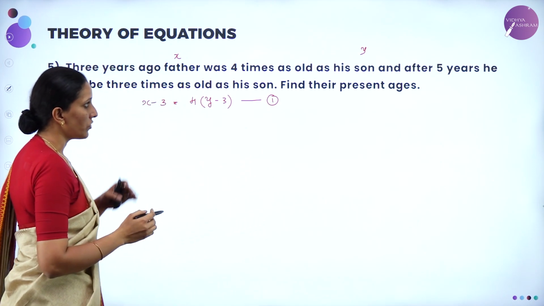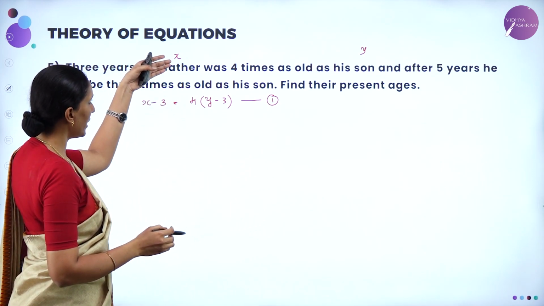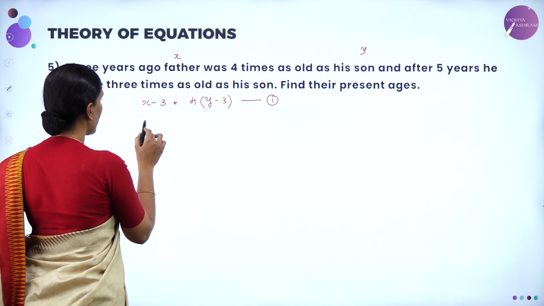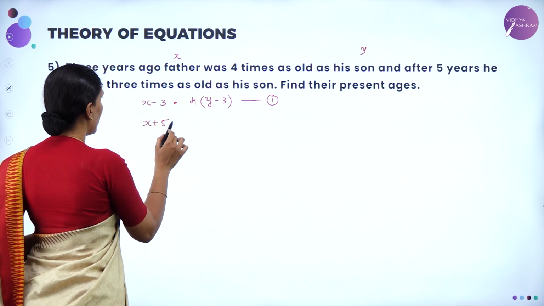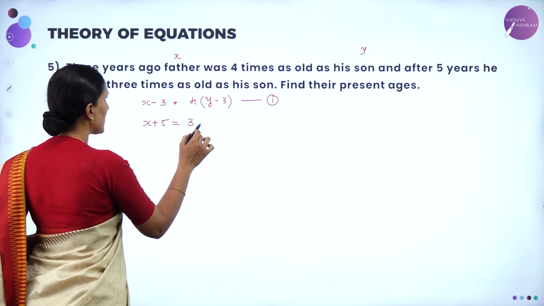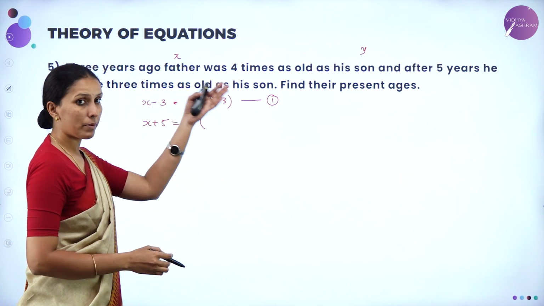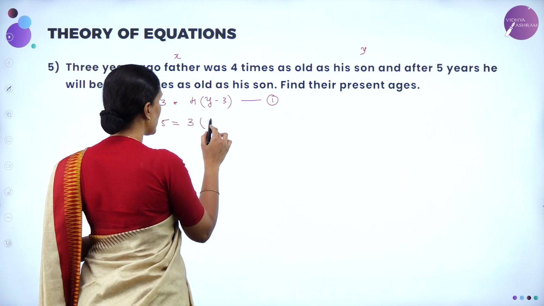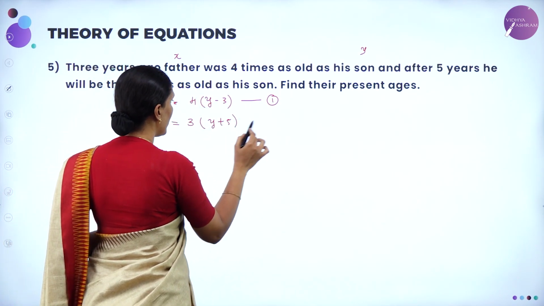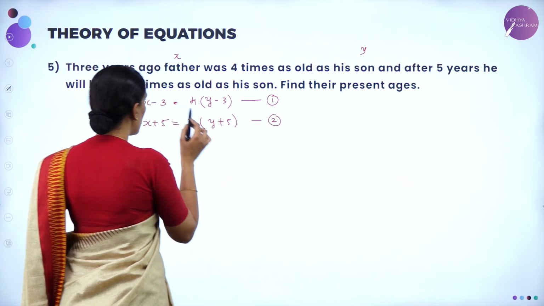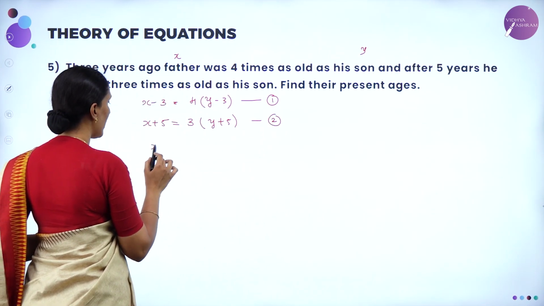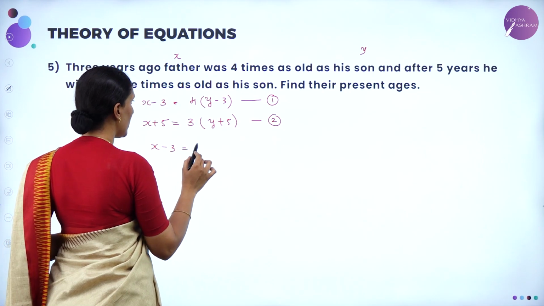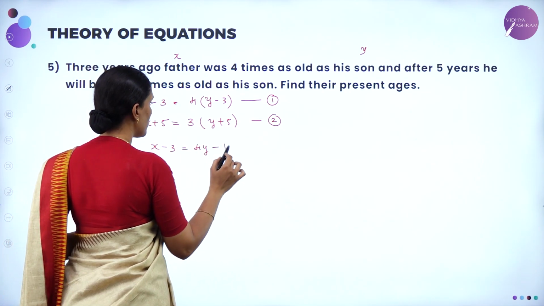And one more condition: after 5 years, if his present age is x, after 5 years it is x plus 5. The father is 3 times as old as his son. So if his present age is y, then after 5 years it is y plus 5. Let this be equation 2. So let us solve this first. We have x minus 3 is equal to 4y minus 12.